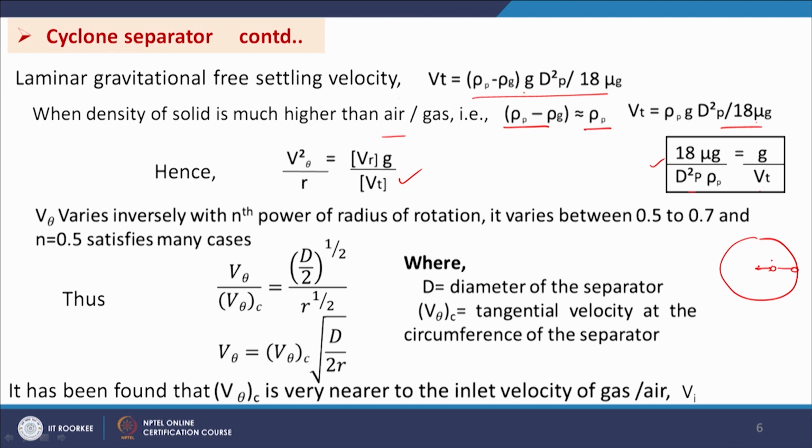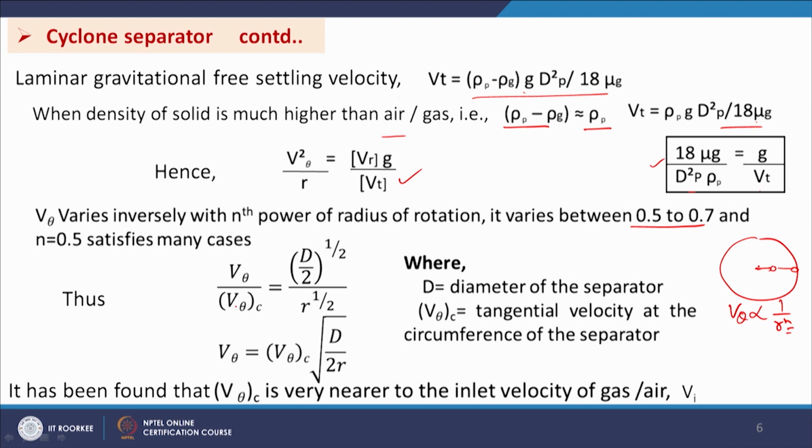So, it has been shown that V theta is a function of the radius of rotation, inversely proportional with nth power of radius, that means V theta is proportional to 1 by r to the power n. So, that will be some constant by r to the power n. This n value is normally 0.5 to 0.7, and we take the approximation at 0.5.